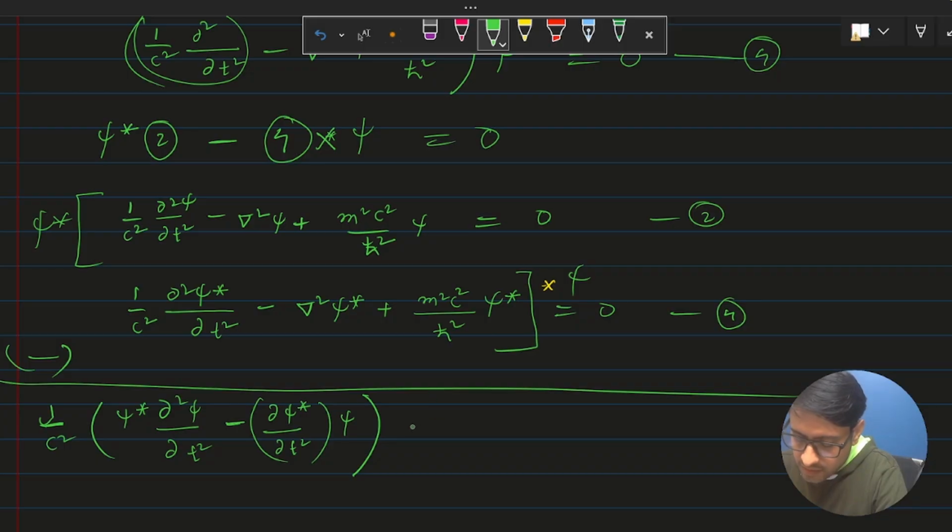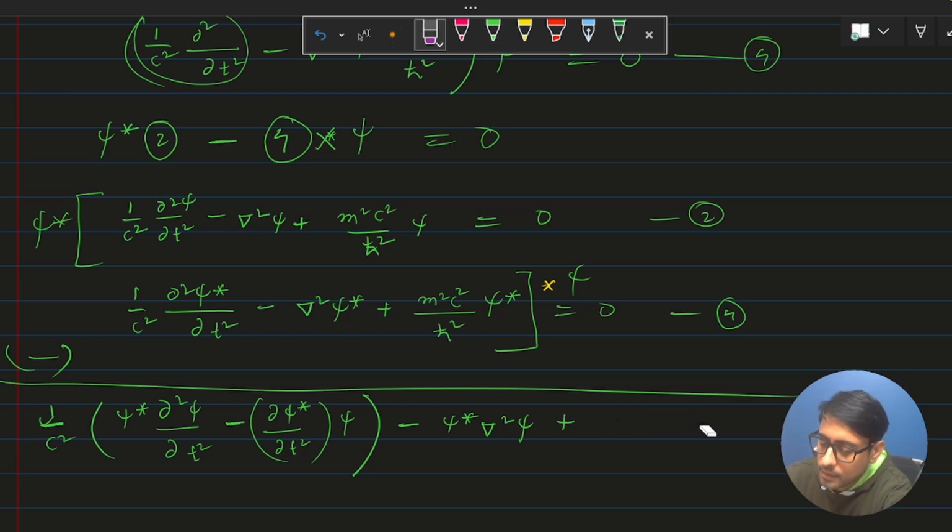Now for the second term we have negative of psi asterisk nabla square psi, and this minus minus gives you plus psi asterisk del square, multiplying from the right.